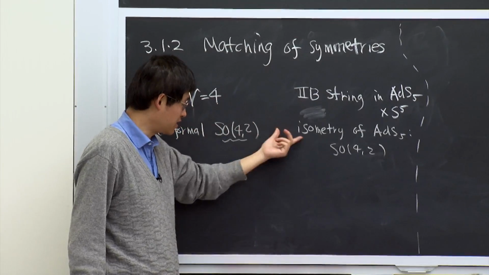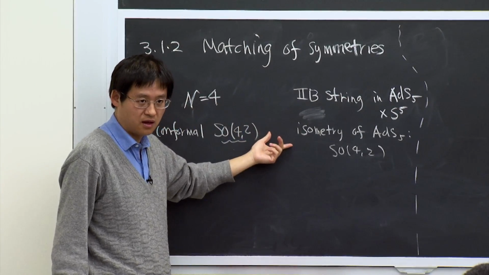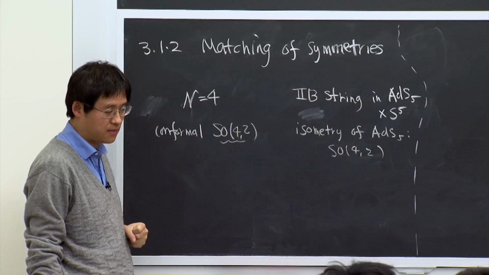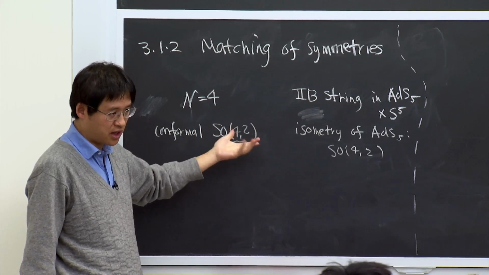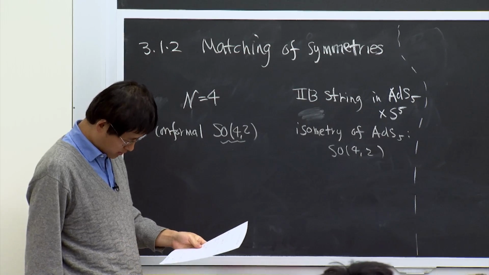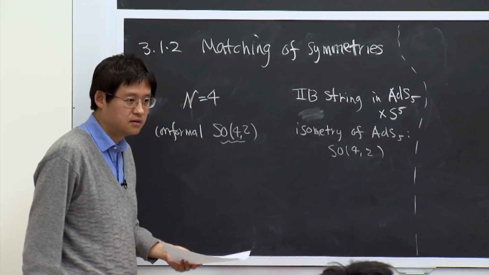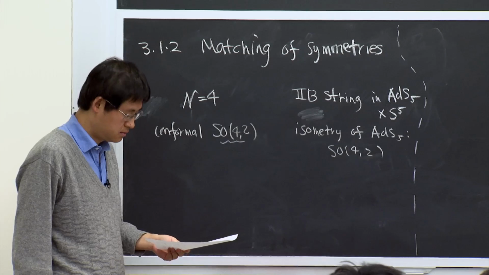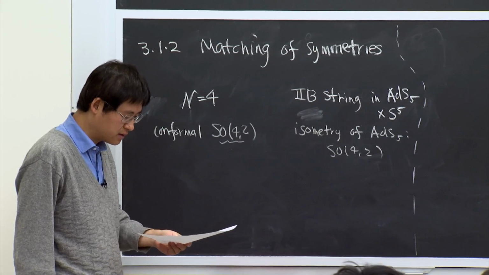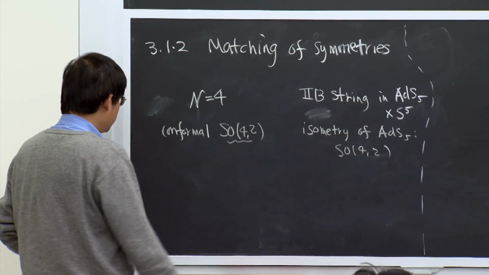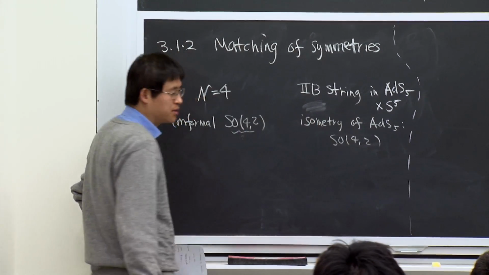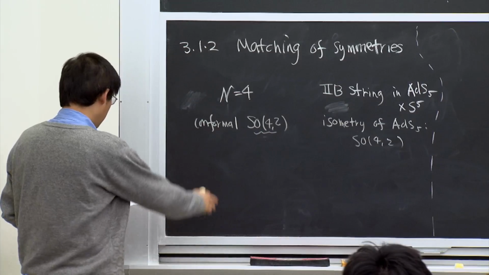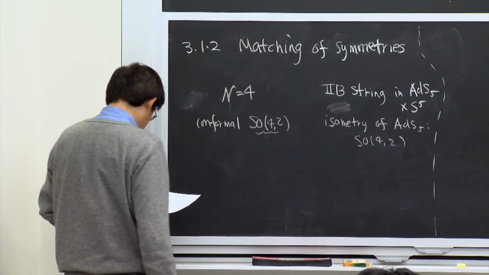In your problem set, you have checked some of them, that they correspond one-to-one to each other, for example the special conformal transformation, and the others like translation or rotation are clear. But on the right-hand side, we still have the SO(6) in S5, which I will talk about. This is a spacetime symmetry from the field theory point of view.